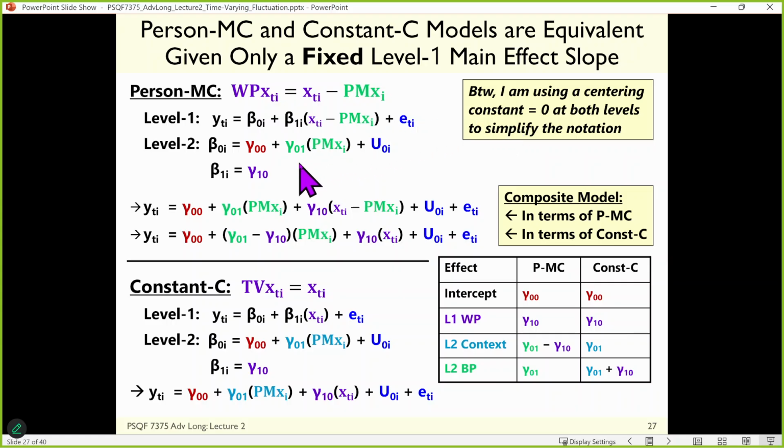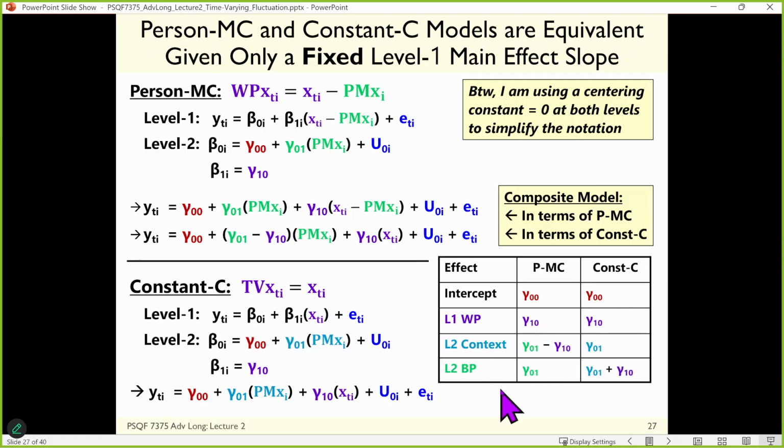What I did is write in the same model with just main effects at the between level, main effects at the within level, and then I rearranged it into how you get to an equivalent model down here. And so then the translation of the parameters, how they map onto each other, is summarized in this table. Your intercept is the same either way. Your within person effect is the same either way.